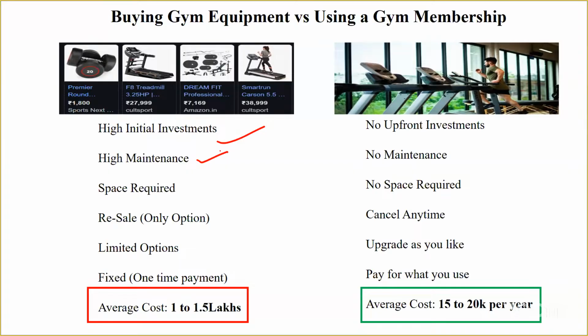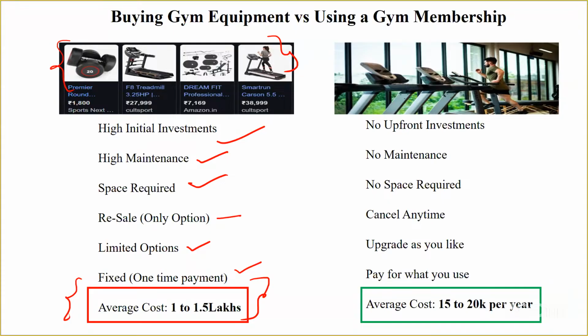You need to keep cleaning those machines because they are machines that work; you cannot have dust. You'll need space to keep all this in your house, and maybe you can resell it if you don't like it. Limited options, and a fixed payment. To set up a gym at your home, you're literally spending 1.5 lakhs.